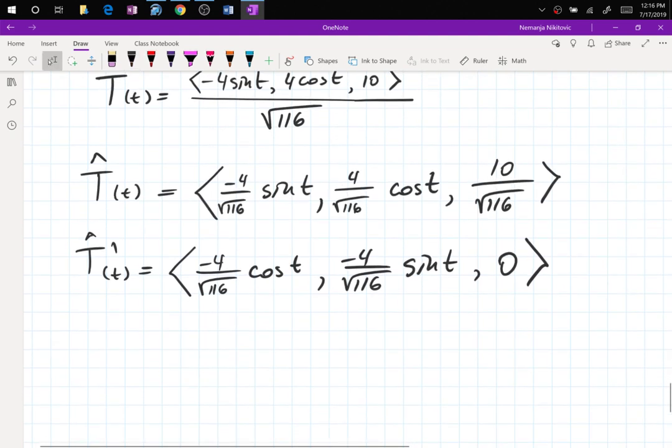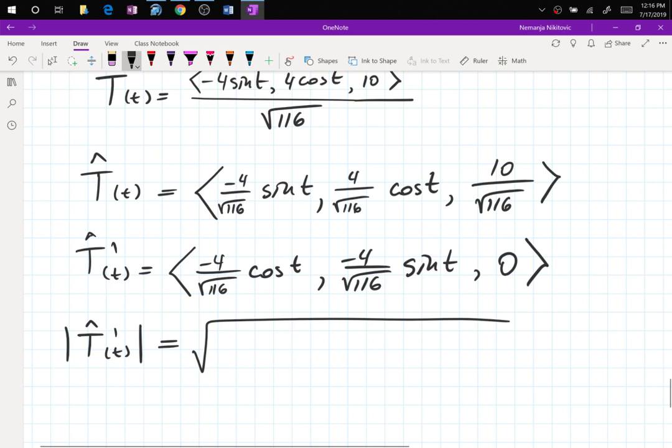And now I need the magnitude of t hat prime, which would be the square root of all of these squared. So that's going to be 16 over 116 cosine squared t plus 16 over 116 sine squared t plus big fat 0 squared.